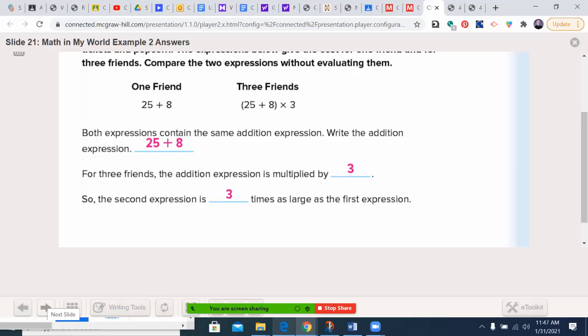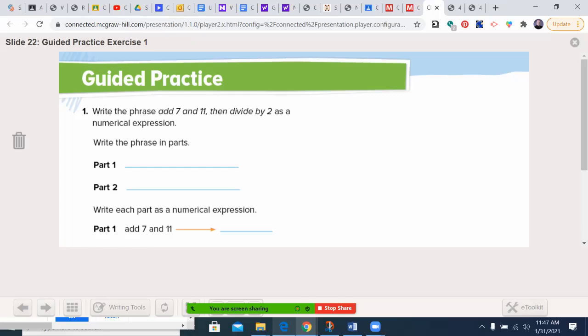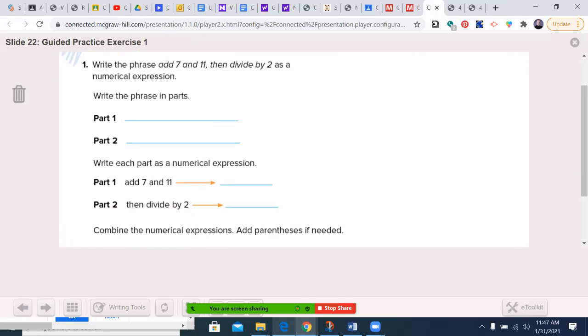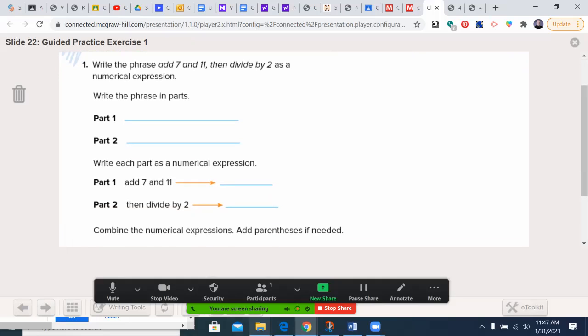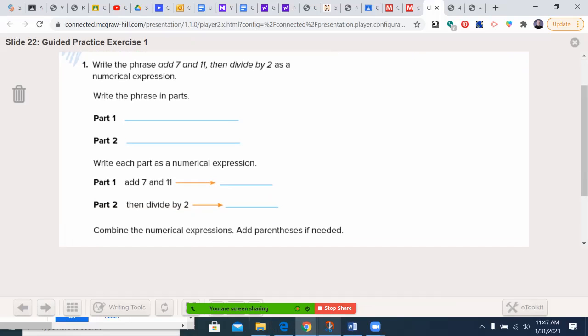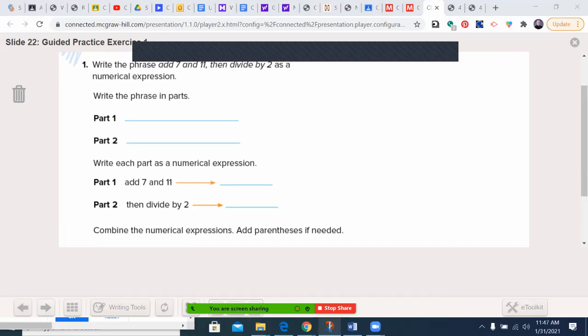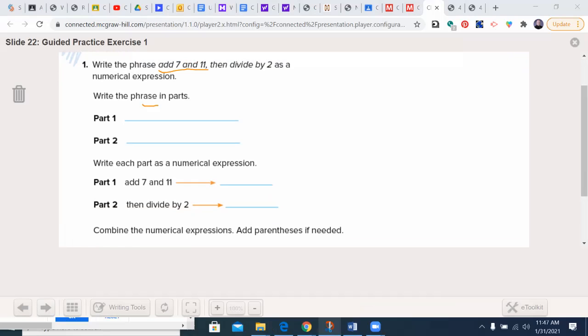All right, let's move to the guided practice. Write the phrase add 7 and 11, then divide by 2 as a numerical expression. What do you think we should write there? And let's go in 2 parts. What's the first part? If you said add 7 and 11, you're right.